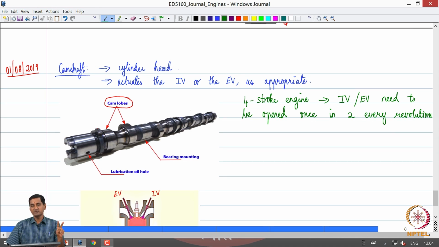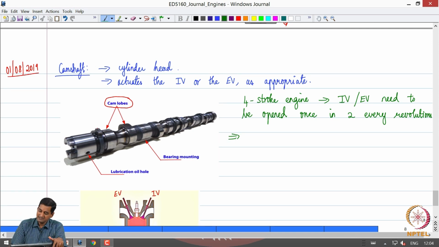That corresponds to 4 strokes of the piston, right. So in one cycle I need the inlet valve to open once and the exhaust valve to open once, right. So in other words, each valve should be opened once in every 2 revolutions of the crankshaft.